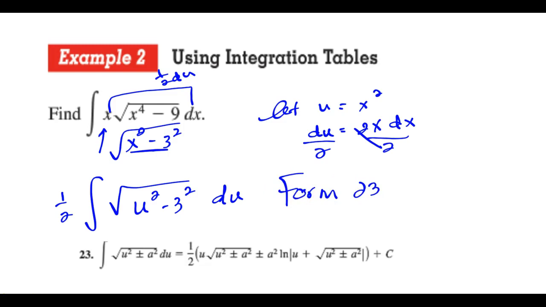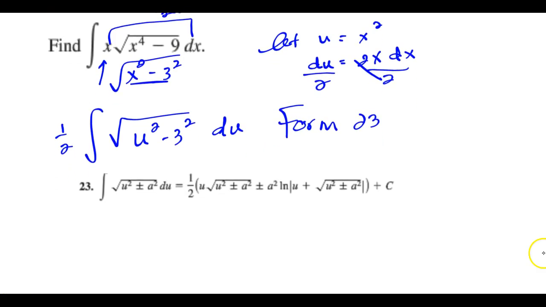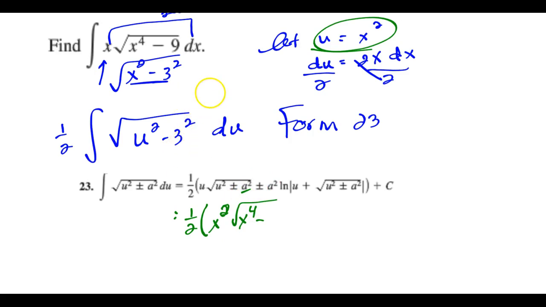So I'll snip that and bring it into my slides and see if I can identify the a, b, and c terms. Here we go. It's 1/2. The u is my x squared term, and then I'm going to do x squared squared, so that's x to the 4th, minus the a term. Here's my a. A equals 3, so 3 squared is 9.